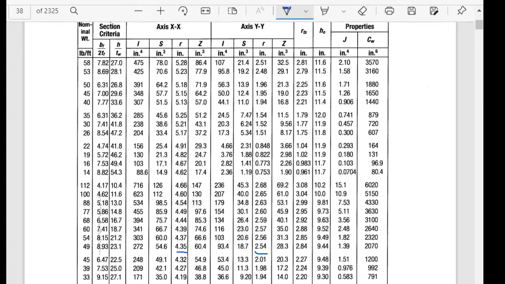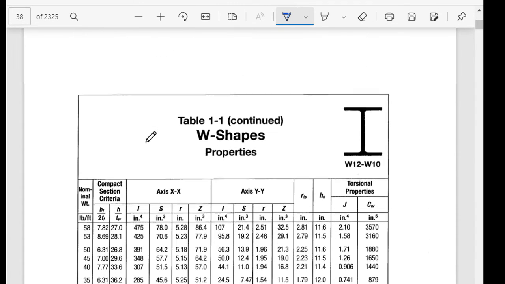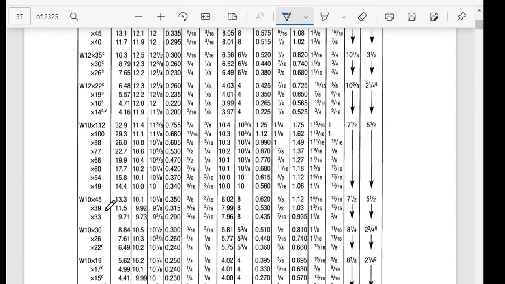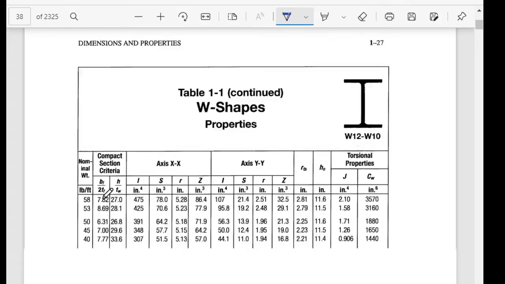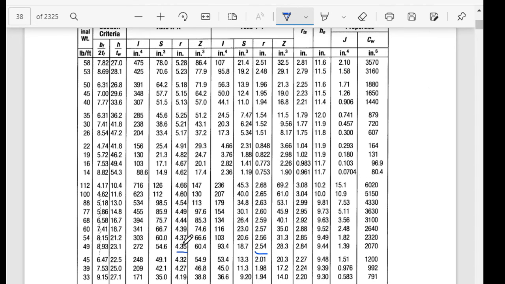Looking at it in the table, W10 by 54, the value of rx is 4.37 and ry is 2.56.